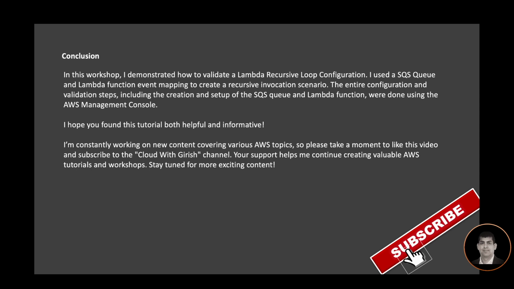Again, the use case for this workshop was to explain the architecture of how the recursive loop is created, and that's why it doesn't have a whole lot of code, rather it shows how you trigger it through SQS, invoke the Lambda, put the message back on the same SQS, and then you're creating the recursive loop. And then there is a configuration in the Lambda function where you can control whether the recursive loop needs to terminate or be allowed, right?